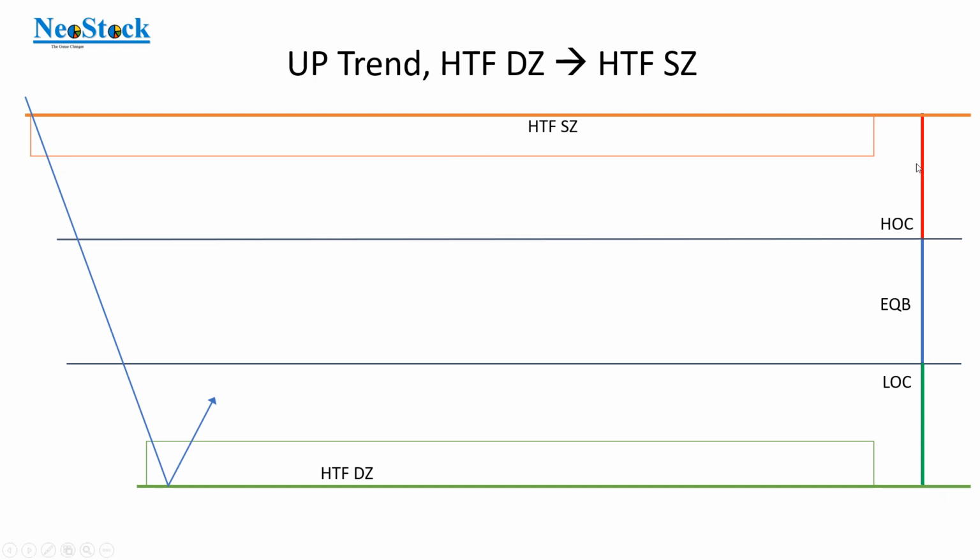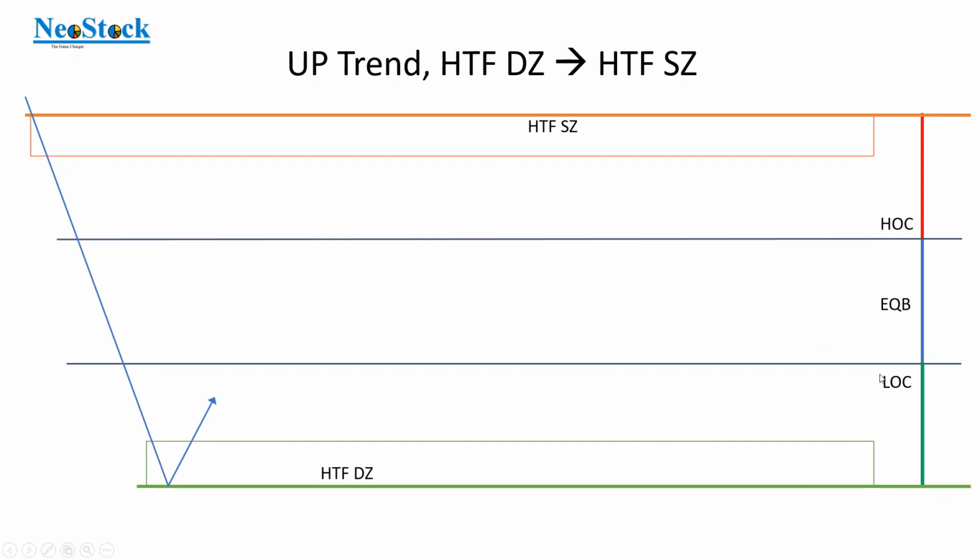We can divide this entire area, from the distal line of the demand zone to the distal line of the supply zone, into three parts. One part we named the buyer's area, that is low on the curve, another part is the seller's area, that is high on the curve, and in between buyer's area and seller's area we have equilibrium. This is what we learned.